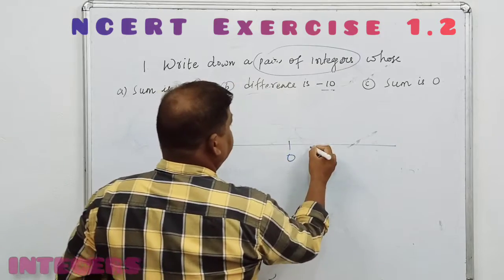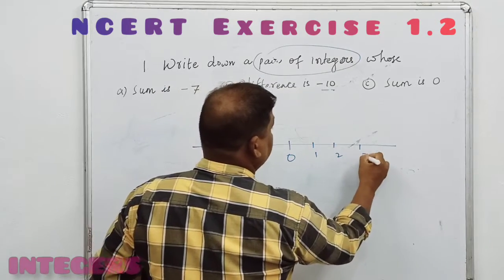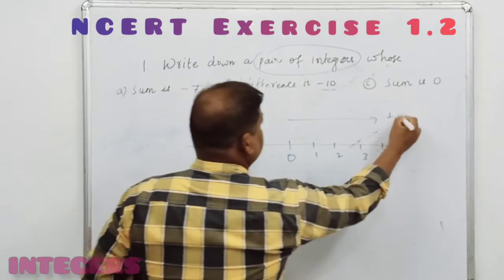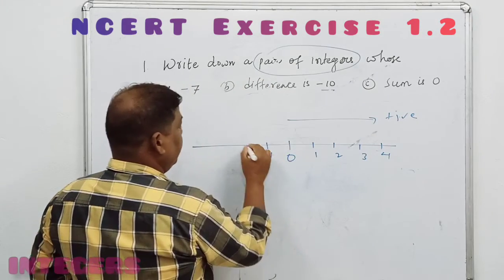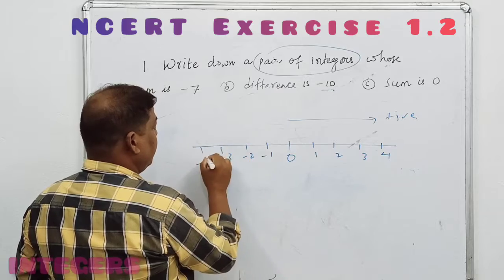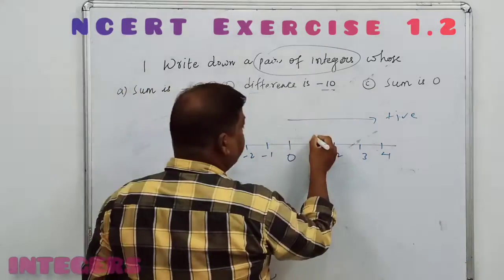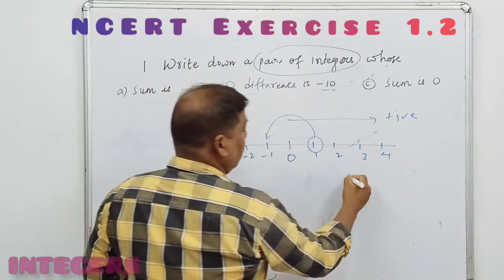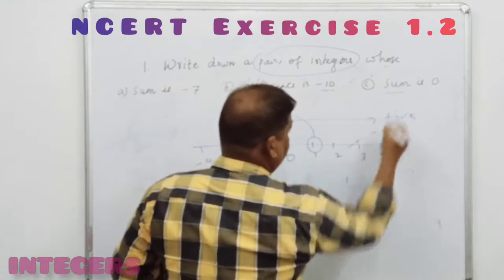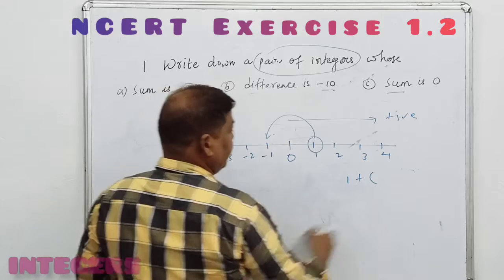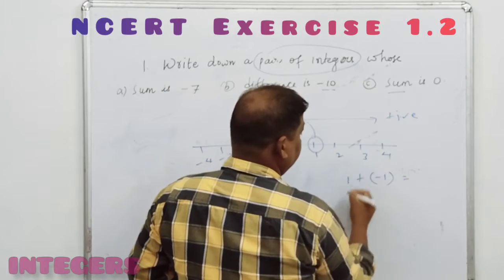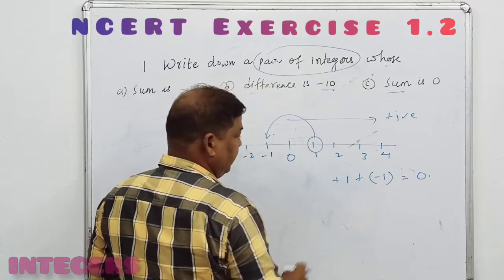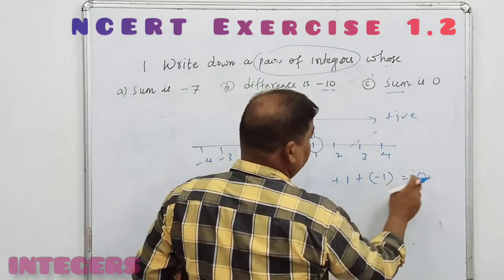So इस नंबर लाइन में 1 2 3 4 these all are the positive integers, so -1 -2 -3 -4. So the opposite of 1 is that is -1, means 1 the sum 1 plus the negative integer -1 will be 0, means plus minus minus plus 1 then -1 will be 0.